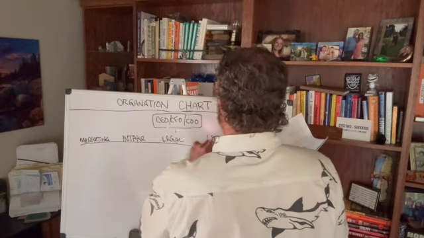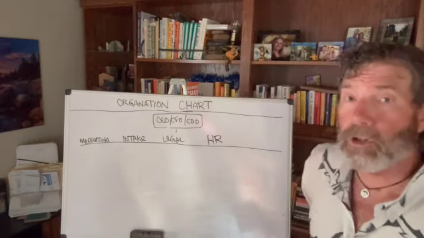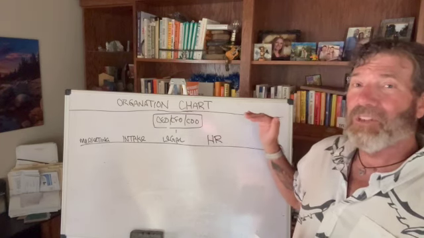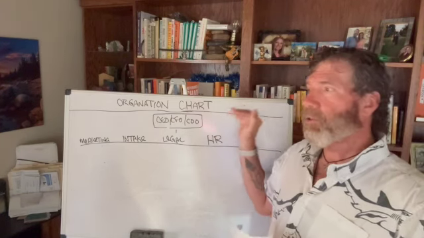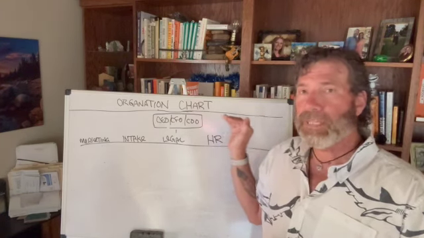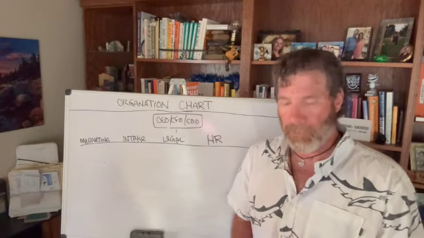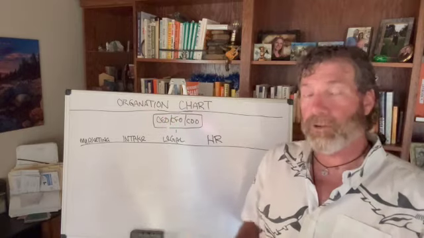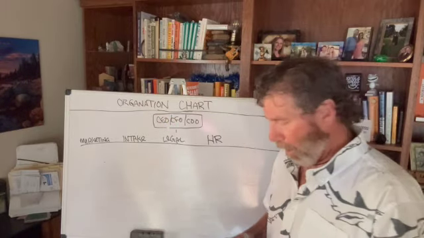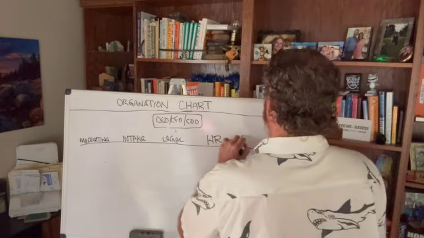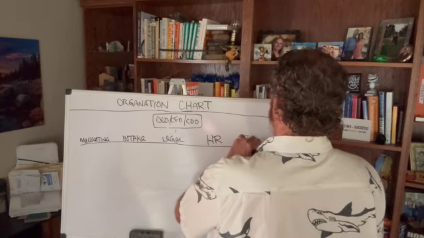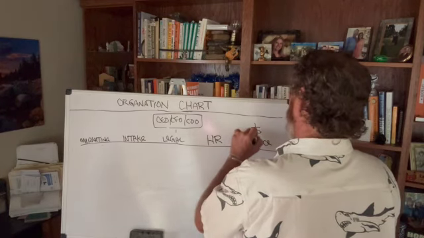HR. All right. One of the biggest overlooked things is, especially in states like California where there are so many rules, you've got to have somebody be responsible for that. Who's responsible for making sure that all the things that fall under HR get done. All right. And then finally, finance. Now, money, right?